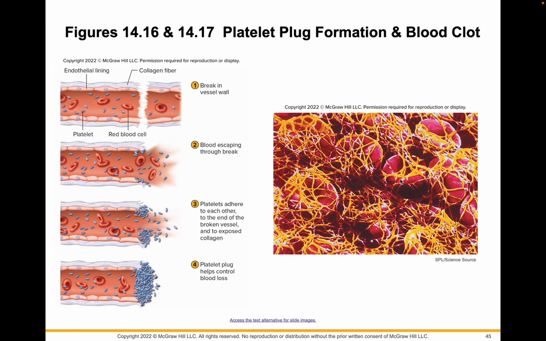A blood clot is going to be a web that captures the blood cells and stops everything. But platelet plug formation is actually the platelets forming this plug, this stoppage to keep you from continuing bleeding, whether it be outside of the body or inside, like a bruise. So don't mix these up.